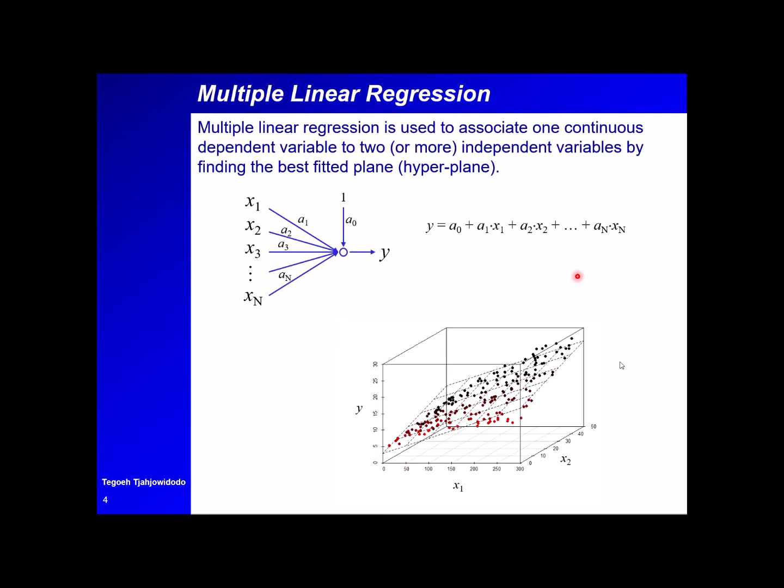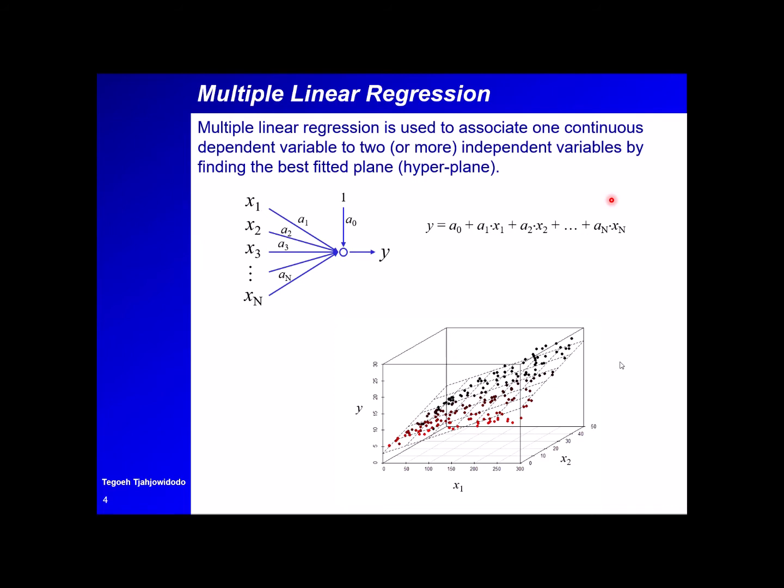Extending from a collection of pairs of sample data X and Y, we might have a set of inputs X1, X2, X3 until Xn and output Y. We can also find the linear relationship between X1 until Xn and Y as a linear function, like you can see in this slide. Basically, the model here is nothing more than the higher dimensional form of a linear line.